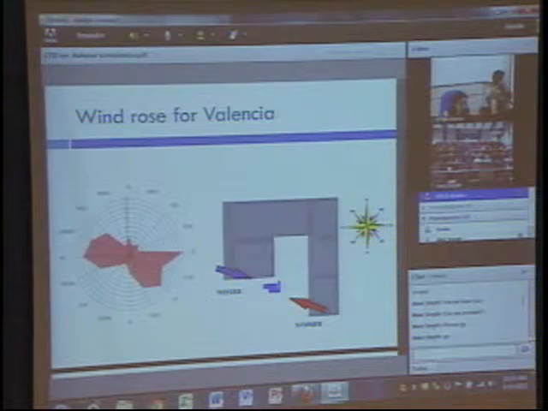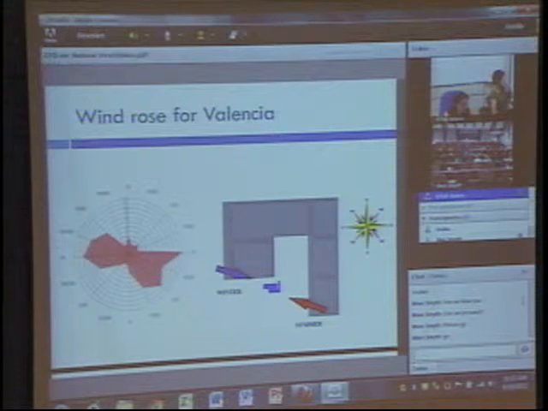The windrose is a statistical representation of the winds considered by direction and modulus for a particular case. In this case, the windrose for Valencia is mainly east-west.